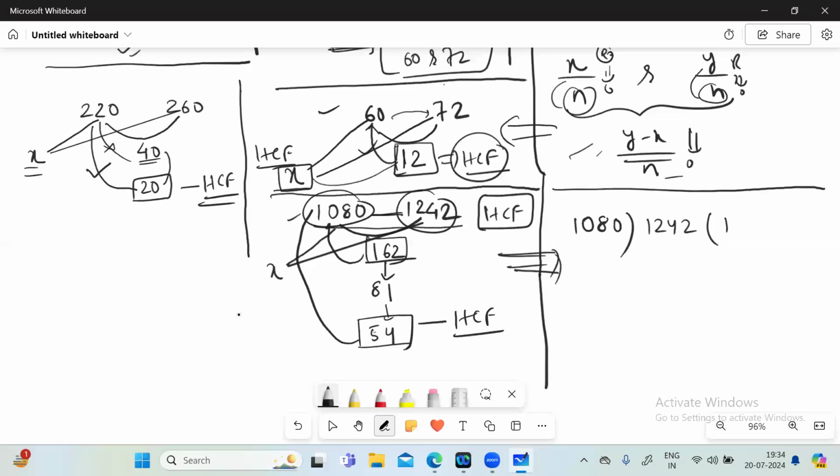So here you will be finding that the difference is 162. Then I was telling you that we check whether 162 divides 1080 or not. If it is not dividing, the remainder is the problem. So with this, we keep on checking the remainder part. And with the other, we keep on checking the factors part, which is basically what we find as the remainder.